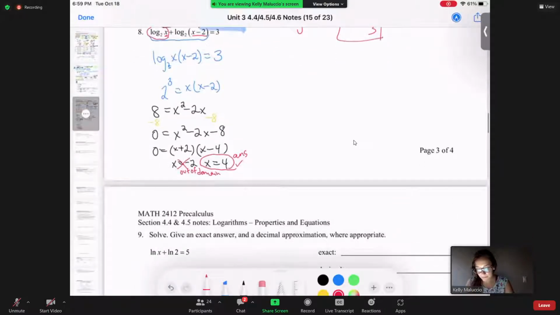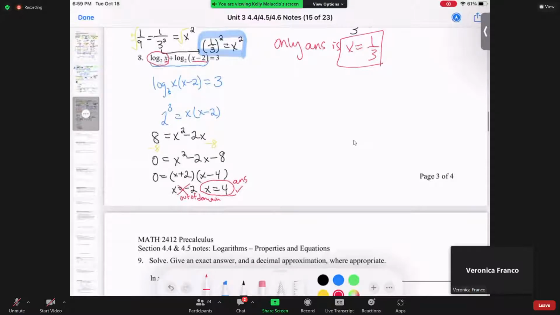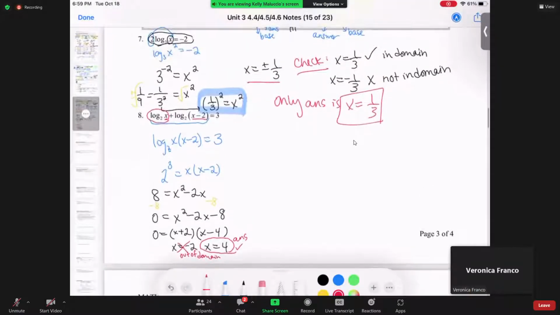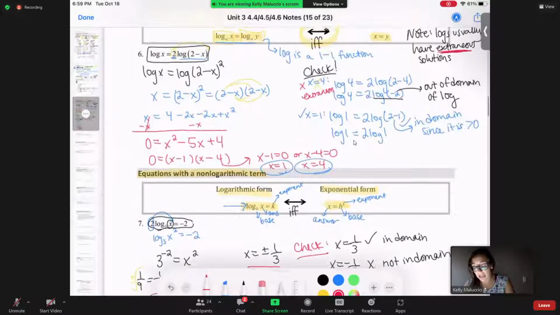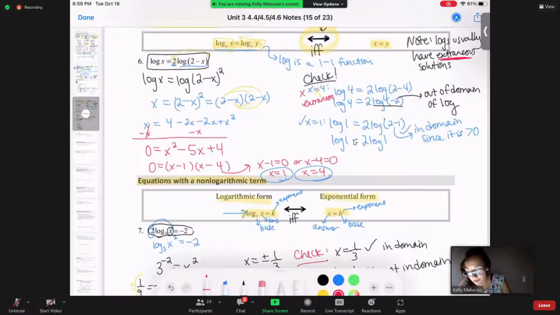If you get two positive answers, are they both automatically going to work, or do you still have to plug them in? That's a really good question, and the answer is no, they're not automatically going to work. Like this number, when we got 1 and 4, right off the bat I'd think, oh, good to go, they're both positive.